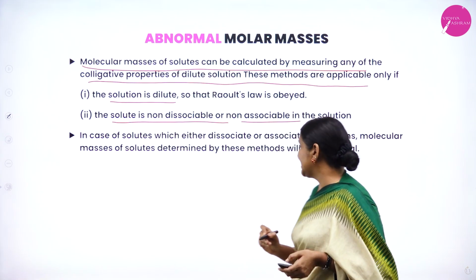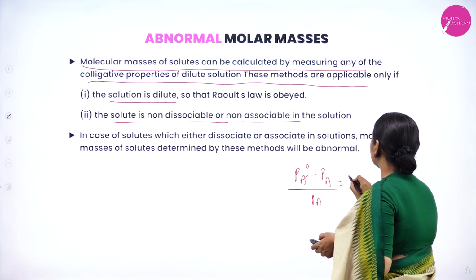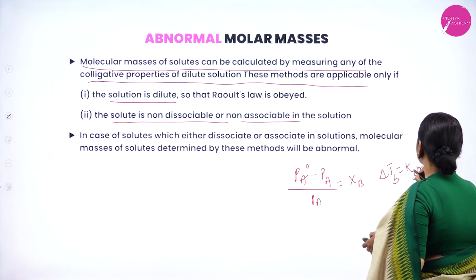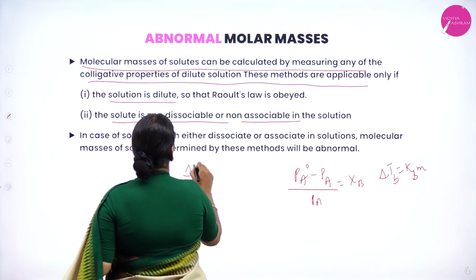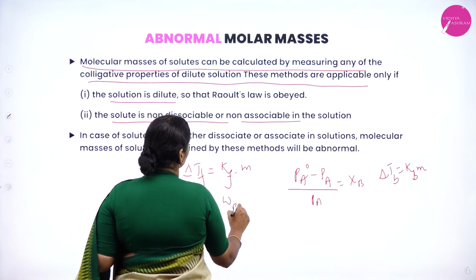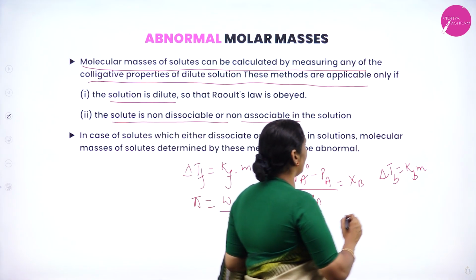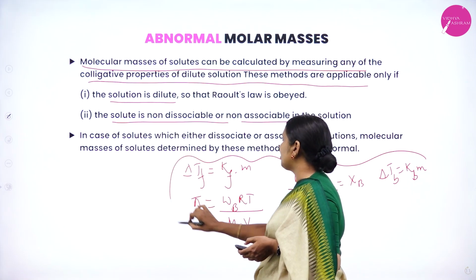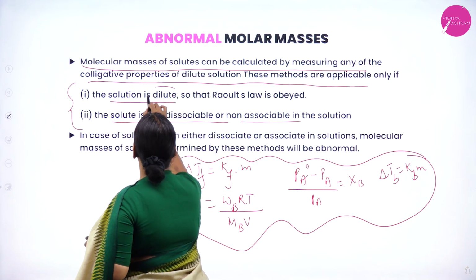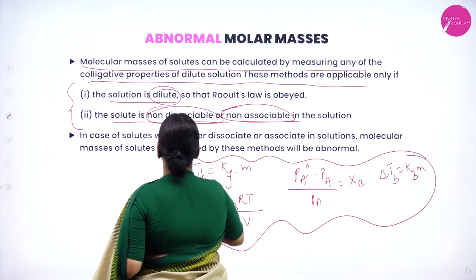So, what are the formulas? (PA° − PA)/PA = XB. ΔTb = Kb·m. ΔTf = Kf·m, as well as π = WB·RT/(MB·V). These colligative formulas can be applicable only under two conditions: when the solution is dilute, and the solute is non-dissociable as well as non-associable.